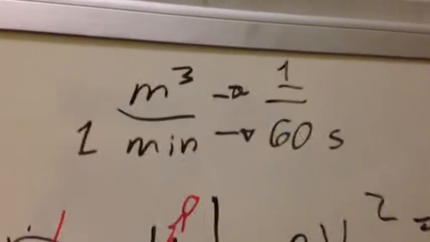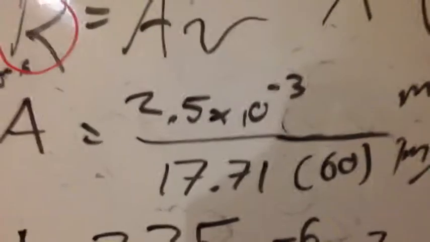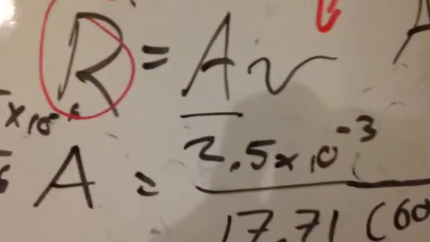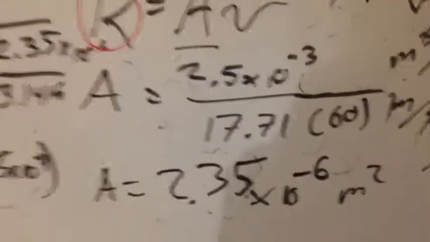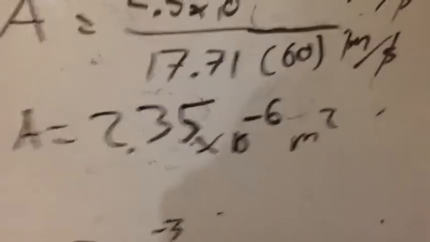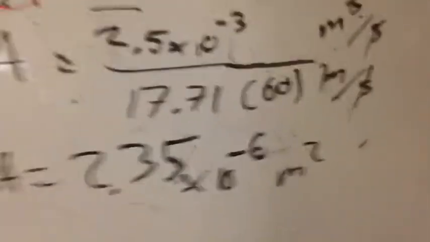So for this we're just going to make a simple transformation, dividing over 60 seconds. We just divide the value over 60 seconds, and to get the area, we divide by the velocity as well. That should give us a value of 2.35 × 10^-6 square meters.